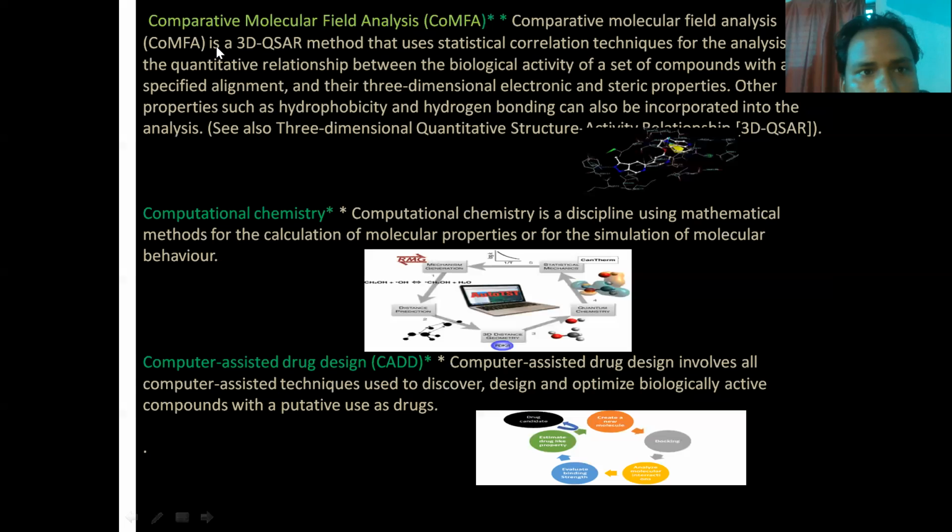What is CoMFA? You can also call it a 3D QSAR method. In this, different statistical correlation techniques are used for the quantitative relationship between the biological activity of a set of compounds with specific alignment, and the three-dimensional electronic and steric properties are also analyzed by this methodology.